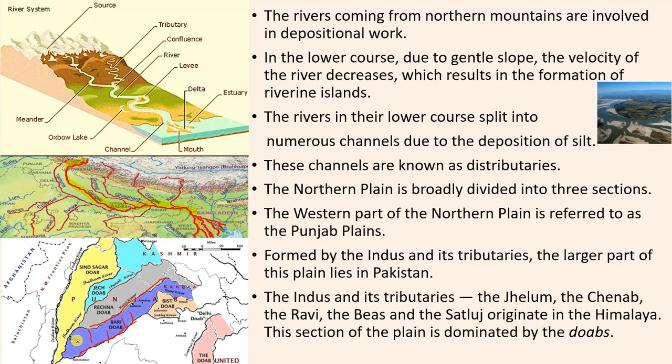So this way it is known as Doab. And similarly here, different parts of land are getting water from two river systems. So that way these are different Doabs. And as this whole part is receiving water from the five river system, this is also known as Punjab.